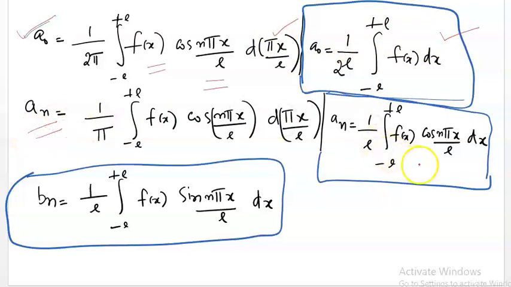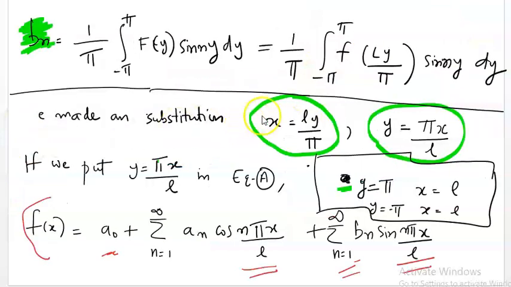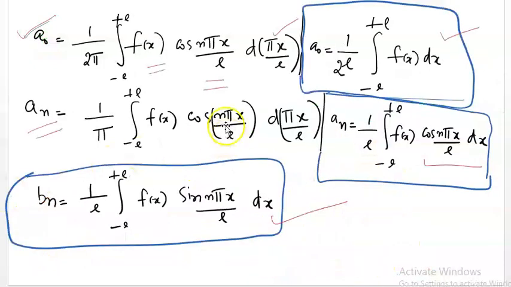Similarly for an we will be getting this, and for bn we will be getting this. We just make that substitution. So we get the Fourier series corresponding to a function f of x defined in the interval minus L to plus L as this, and we can obtain a0, an, bn.